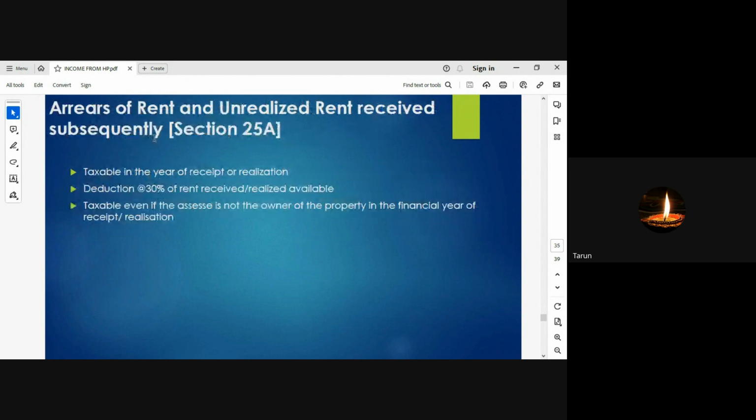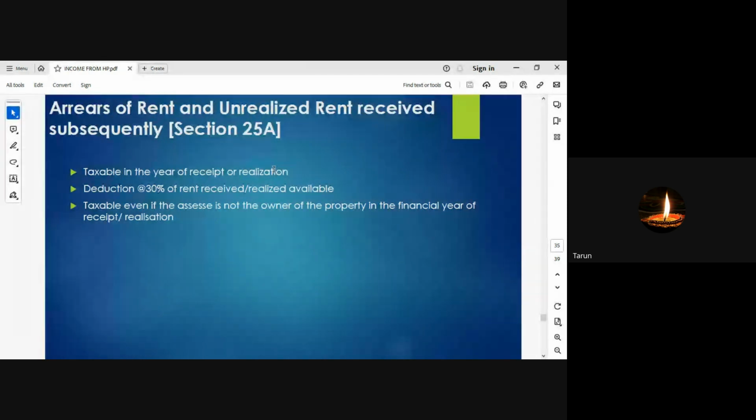Any arrears of rent or unrealized rent received subsequently is taxable in the year when the actual rent is realized, in the previous year or financial year. The deduction is always the same, that is 30% of the rent received or realized. It is taxable even if the assessee is not the owner of the property in the financial year of receipt or realization.